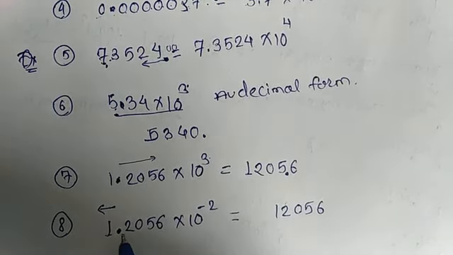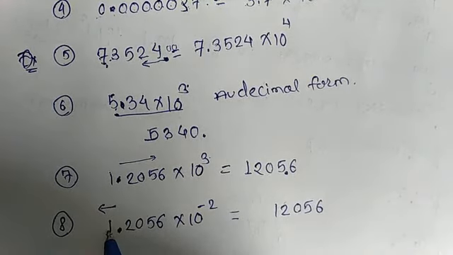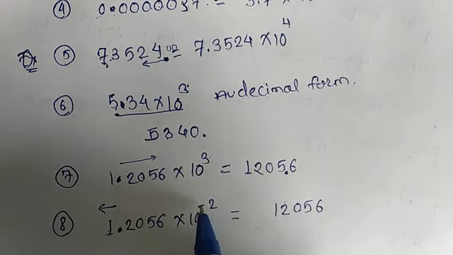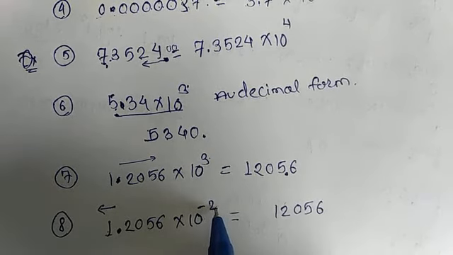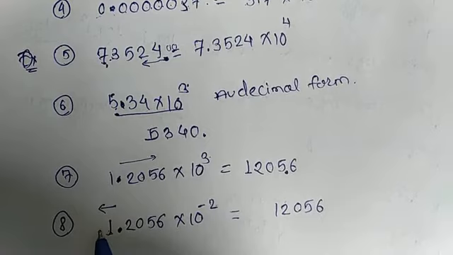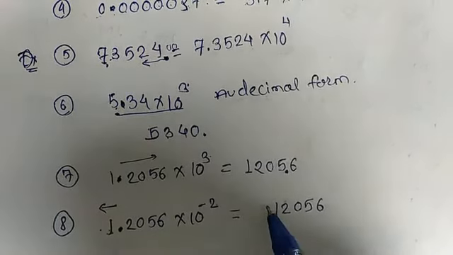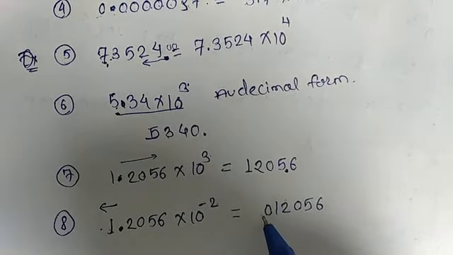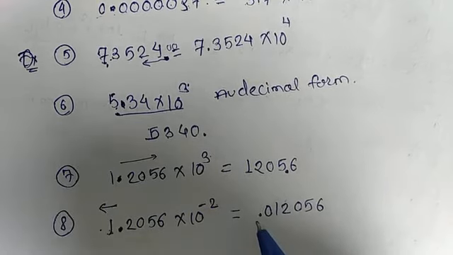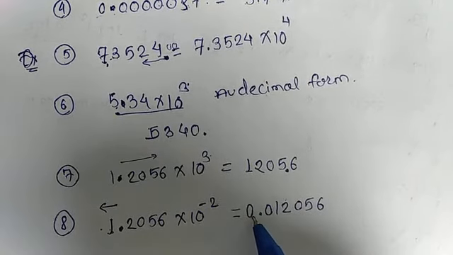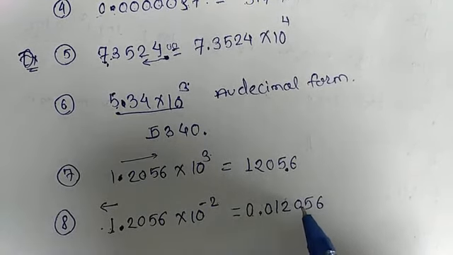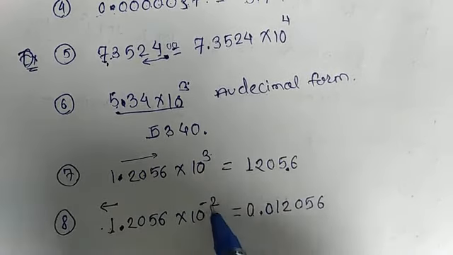Now it will be 1, and since it is minus 2, we consider only 2 places. It is 1, after that there is no term, so we add 0, and after it we give a point, and it is written as 0.012056, for 10 raised to minus 2.